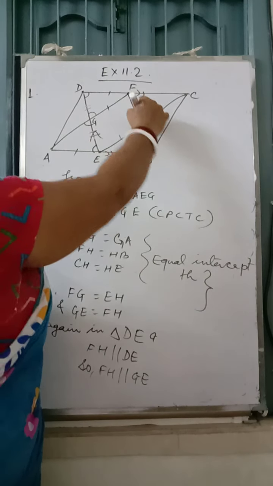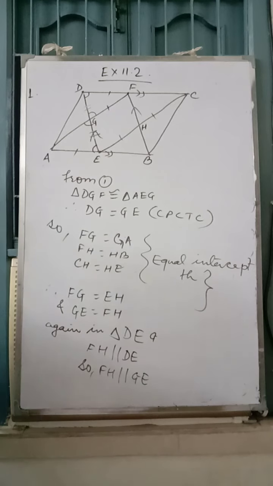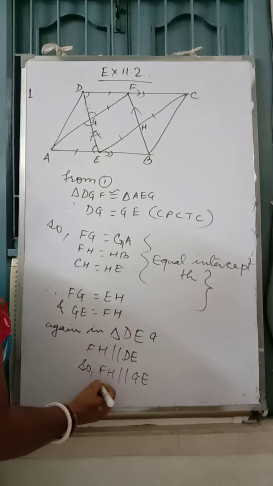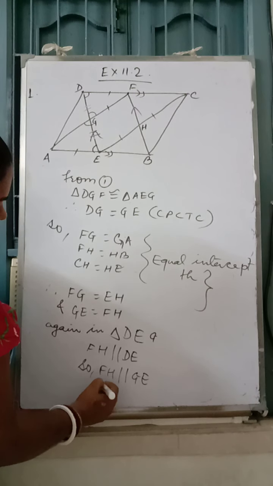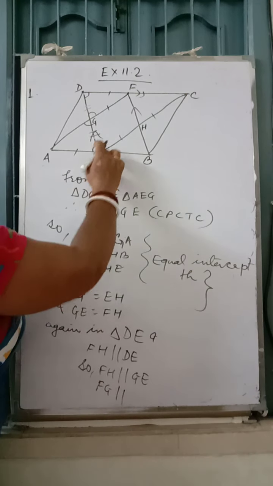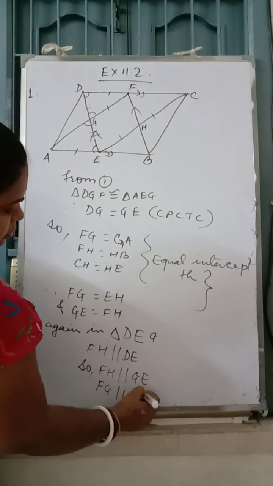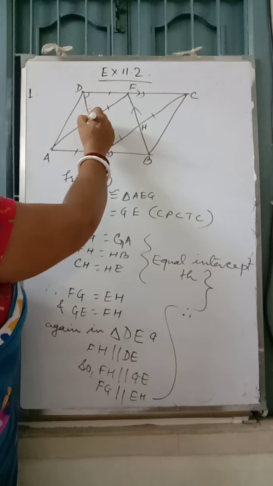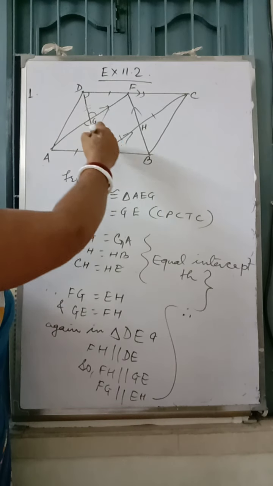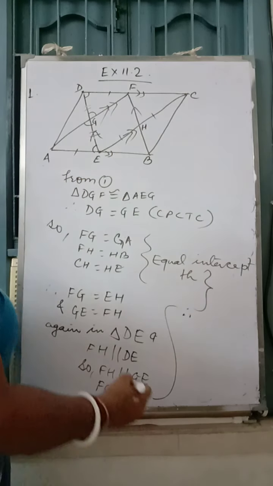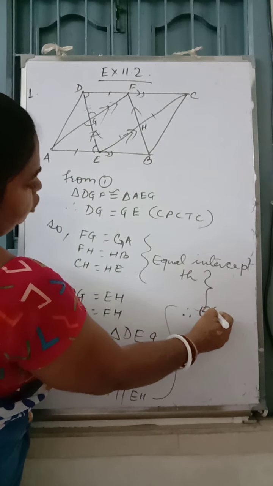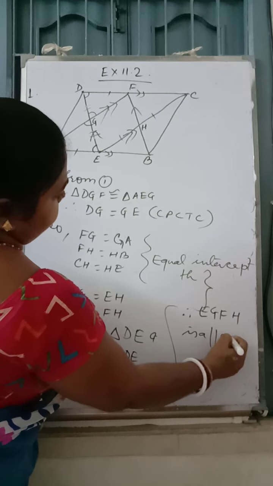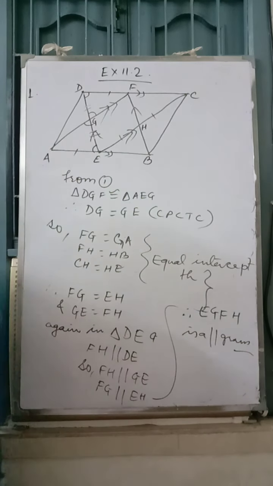These two parallels we got. Now again, FG is parallel to EH. Again, if this is a midpoint, this would be parallel to this. So what do we get? EGFH is a parallelogram. This only we have to prove.